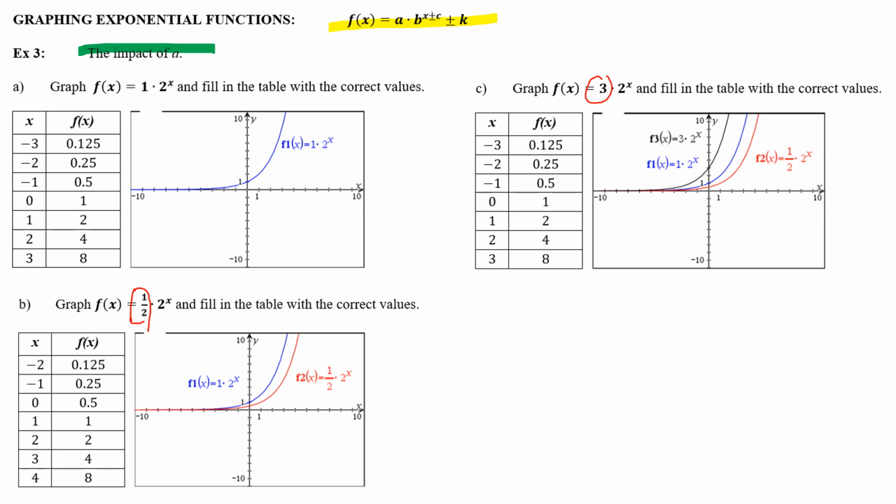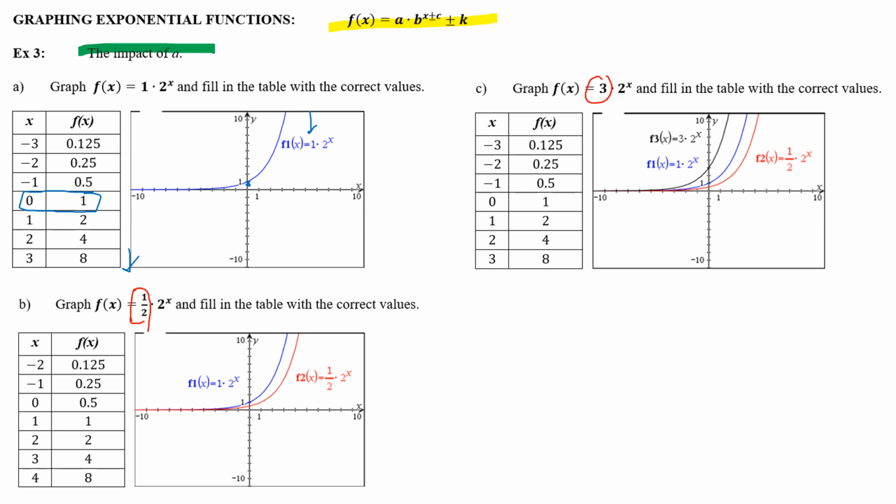Now looking at a, it's the original graph, 1 times 2 raised to the x. Our starting point was the ordered pair 0, 1. We already know that if we think back to linear functions, when x was 0, that was our y-intercept, so it tells us where to start. Now if you look at b, that starting value is now 1/2.